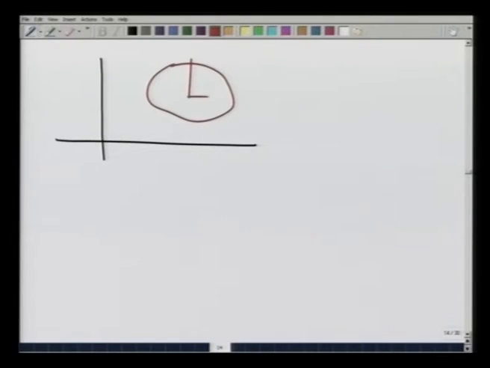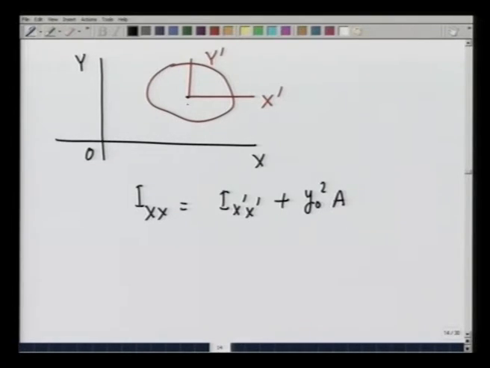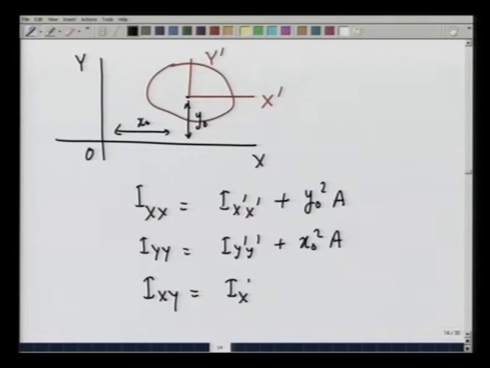For an area whose second moment and product of area are known about the axis passing through the centroid, I have in general I x x equals I x prime plus y 0 square times the area, where y 0 is the y coordinate of the centroid, I y y is equal to I y prime plus x 0 square times the full area, and I x y equals I x prime y prime plus x 0 y 0 times the entire area.